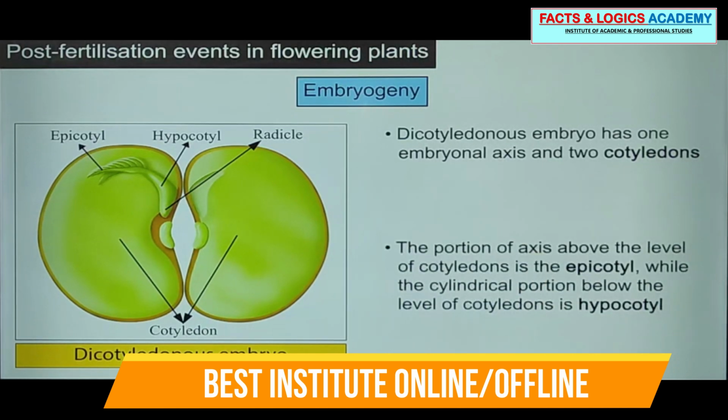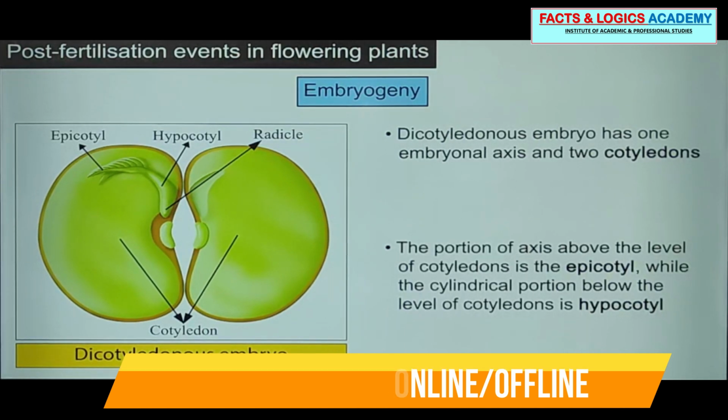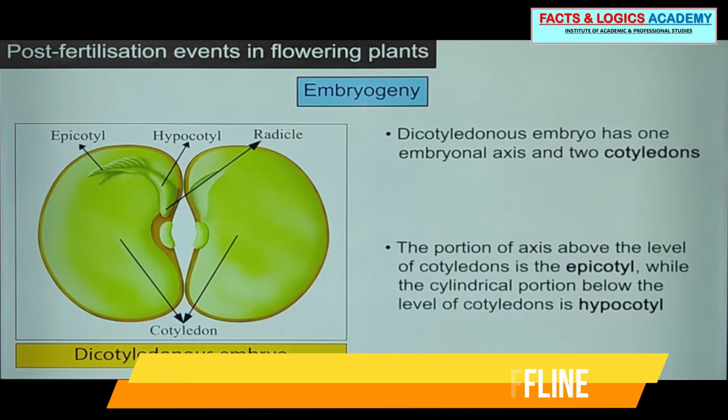The portion of the axis above the level of the cotyledons is the epicotyl, which ends at the plumule or the stem tip, while the cylindrical portion below the level of the cotyledons is the hypocotyl, which ends at the lower end in the radicle or the root tip. The root tip is covered with a root cap.